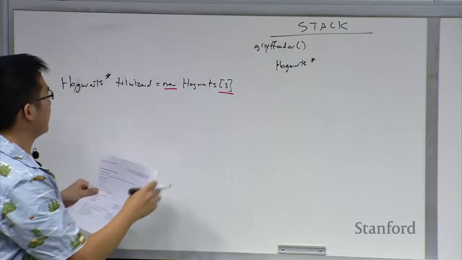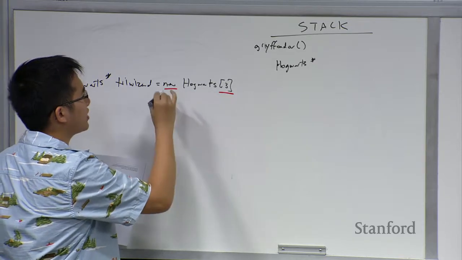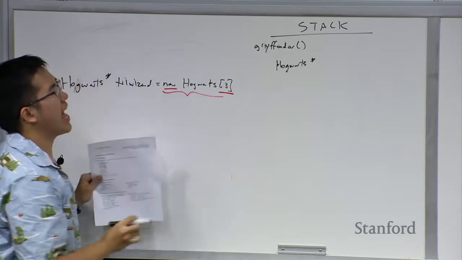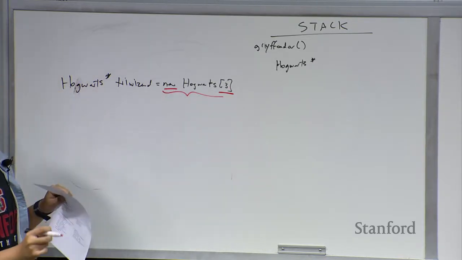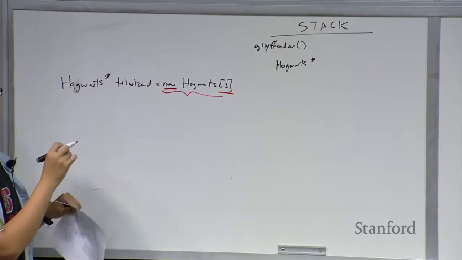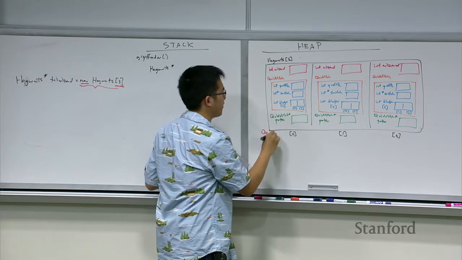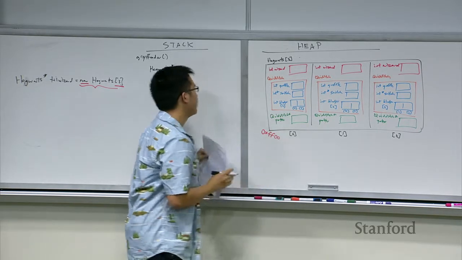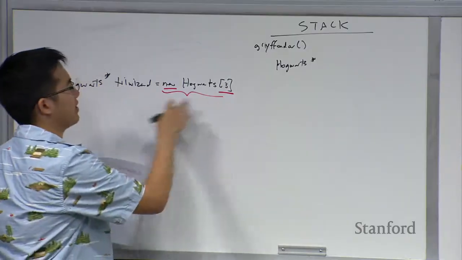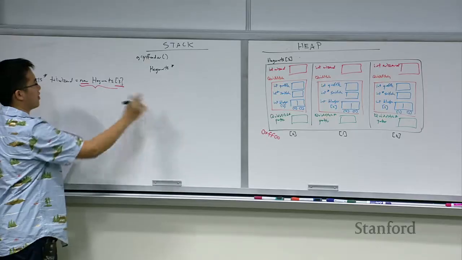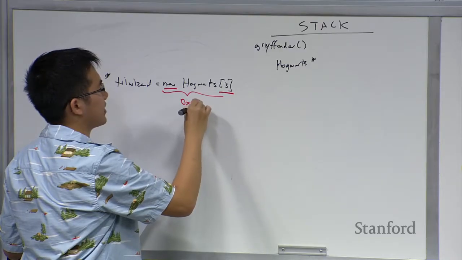And then finally, when you call new Hogwarts, this returns the address of the first element in your array. So let's call this memory location 0xff00, which means that it returns 0xff00.